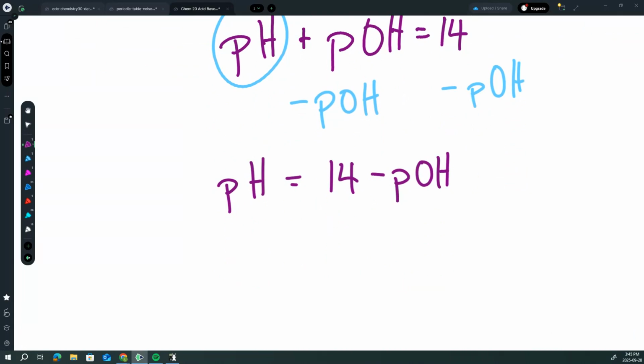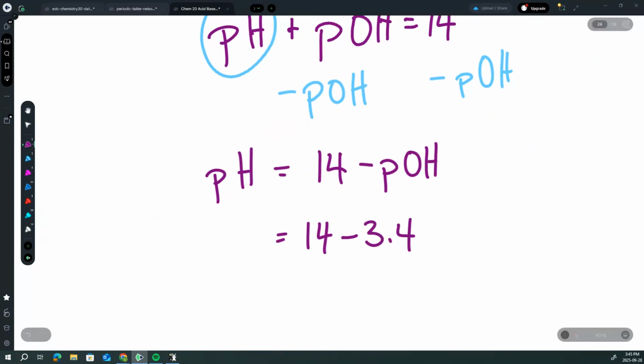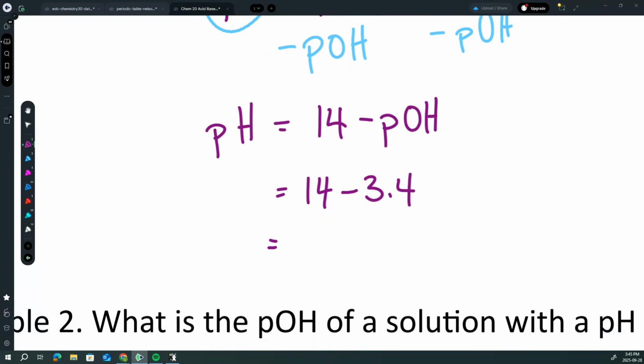And now we just plug in our numbers. So 14 minus 3.4. That is going to give us a pH of 10.6.